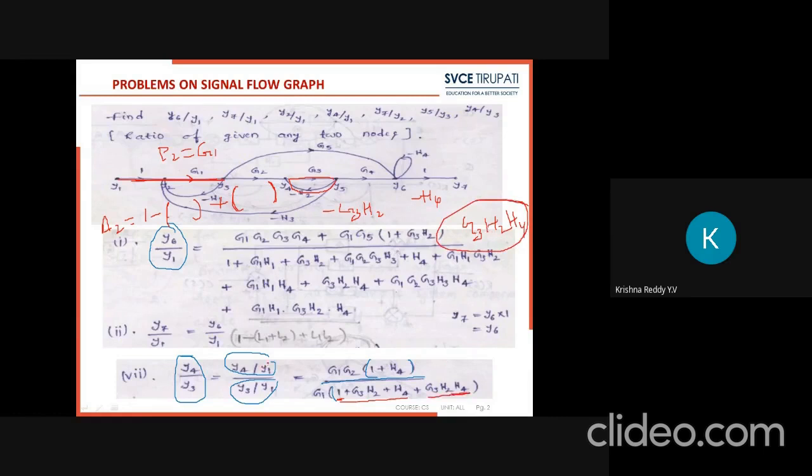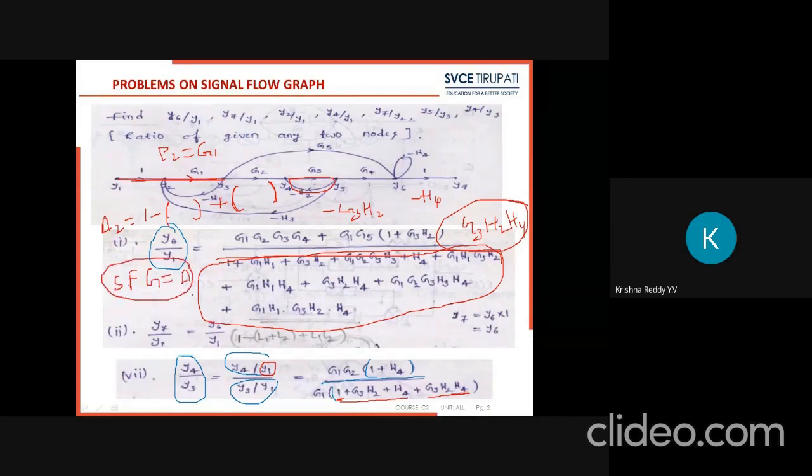If you calculate the delta for y4 by y1 and y3 by y1, both are the same. It is equal to this value. For the given signal flow graph, the delta value is the same even if you are calculating the ratio between two nodes.